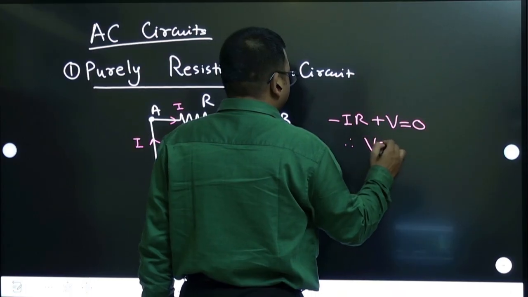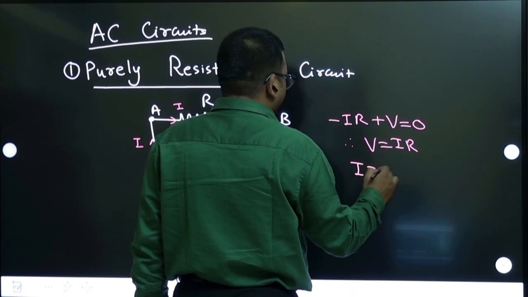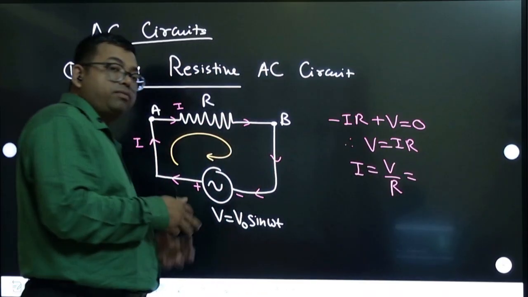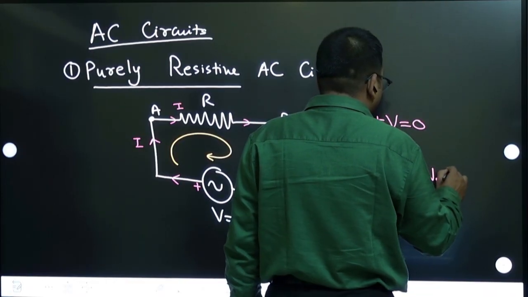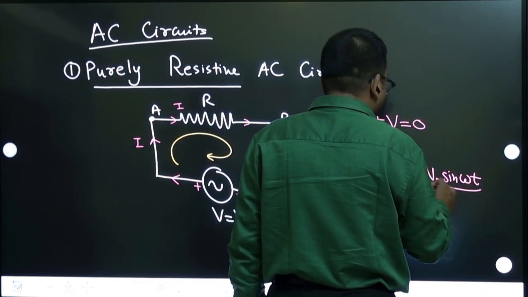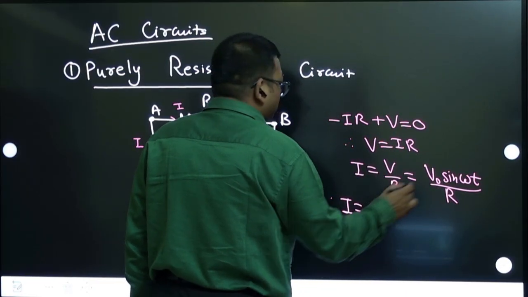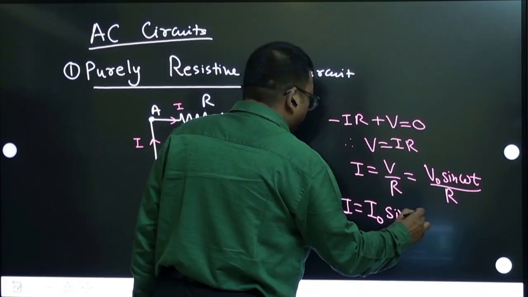That means V equal to IR, I is equal to V by R. But V is not constant, V is changing. So that is V naught sine omega t divided by R. So the current I can be written as I naught sine omega t.